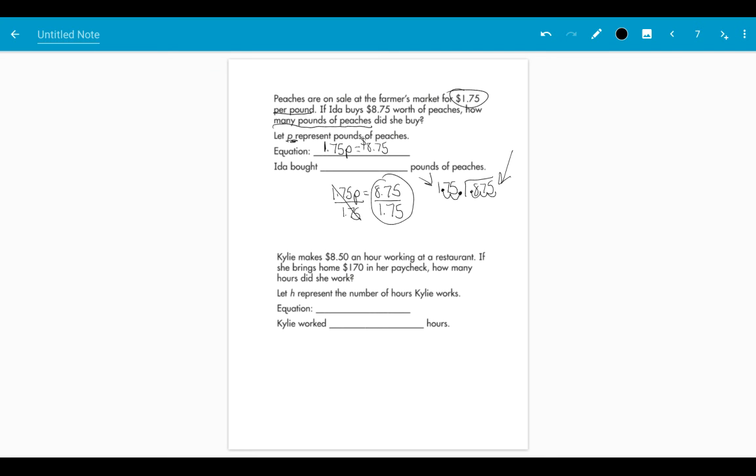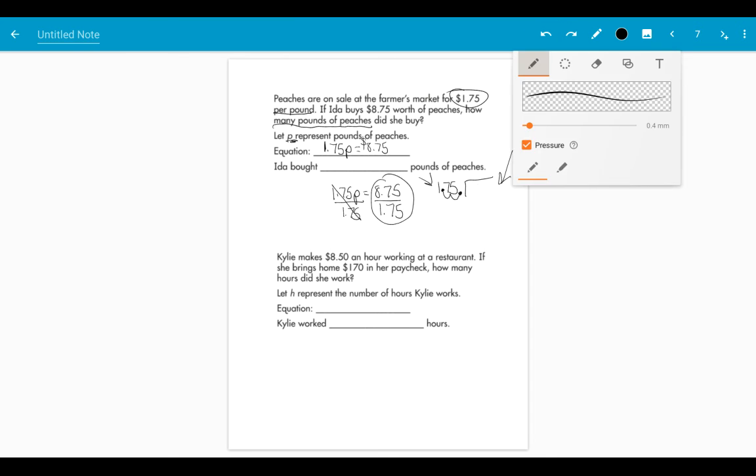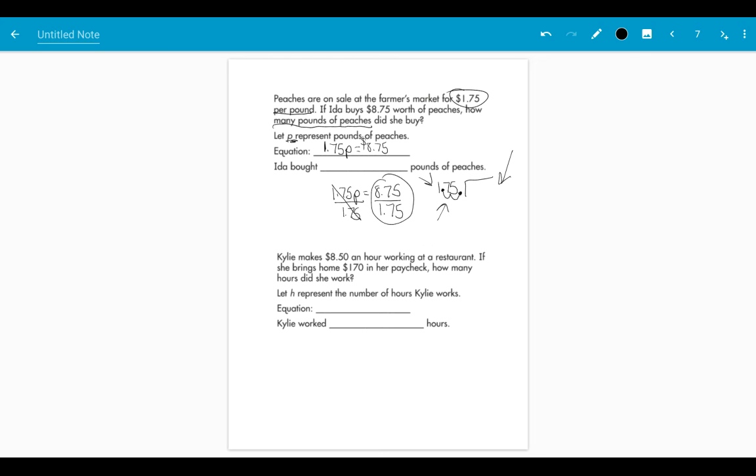That wouldn't be correct because we have to make it agree with whatever we did to our divisor. So if we move the decimal to the right twice, we must move this to the right twice. Our divisor is our determiner, the thing that determines what happens to our dividend. So be careful with that.